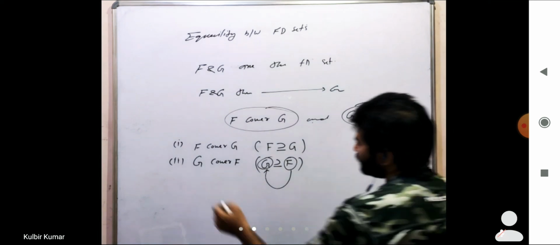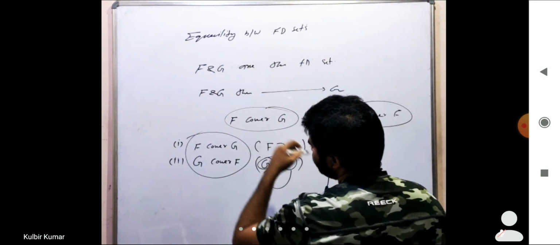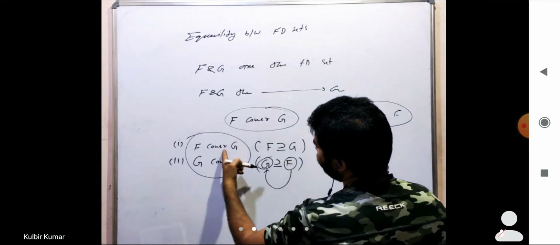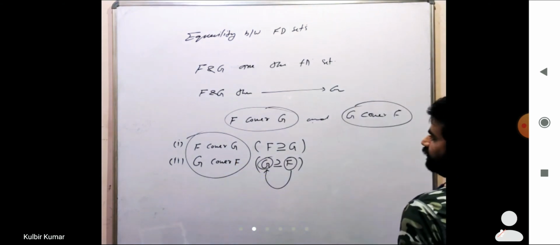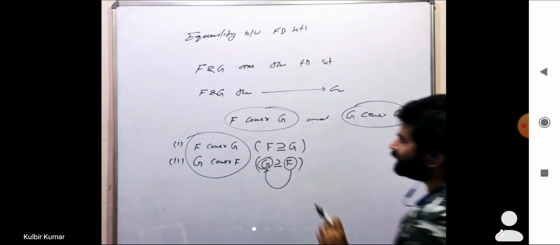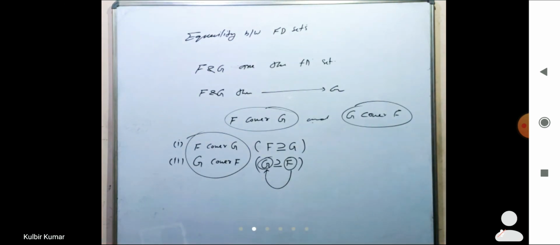ओके, जब ऐसा कुछ होगा कि ये दोनों कंडीशन फुलफिल हो रही है कि F कवर G है और G कवर F हो रहा है, तो we can say that both the functional dependencies are equal. ठीक है, तो क्या बोलेंगे? Both the functional dependencies are equal.